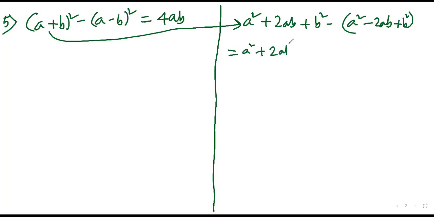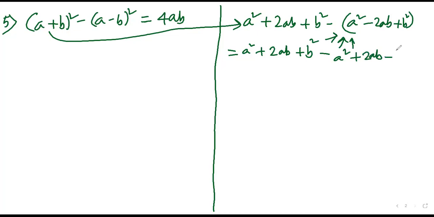And there is a minus symbol outside the bracket of a minus b whole square, and that is why if we open this bracket, every symbol inside the bracket will be changed, and that is why we will have a square plus 2ab minus b square.